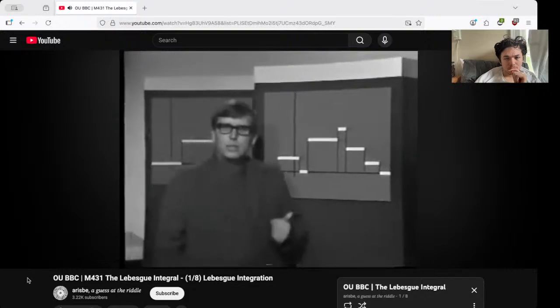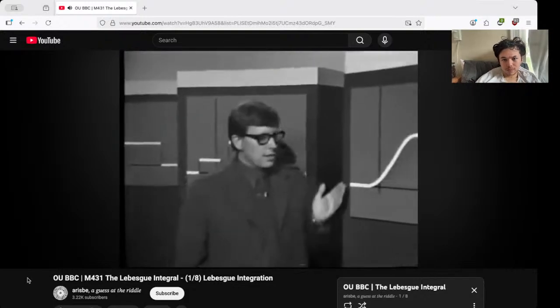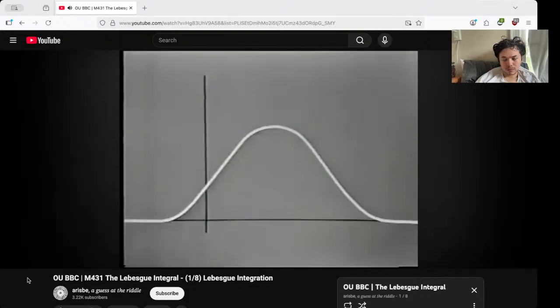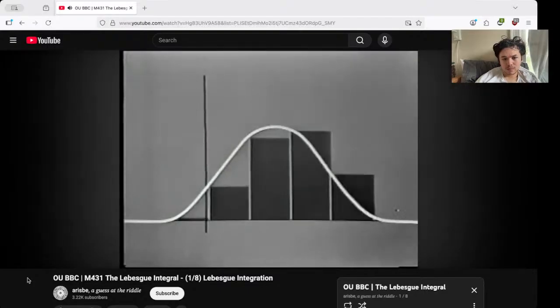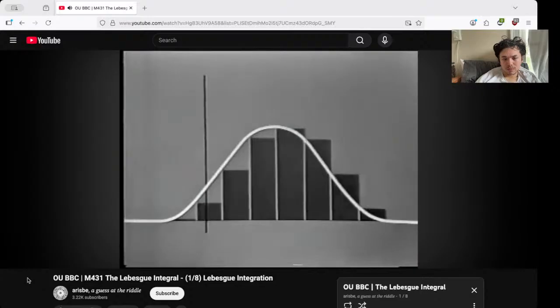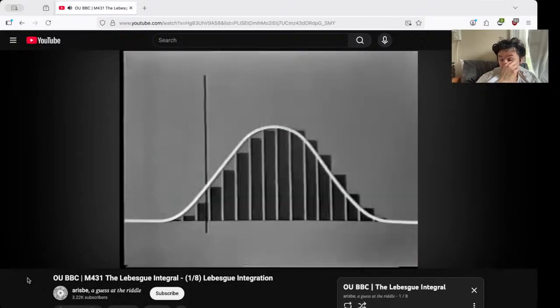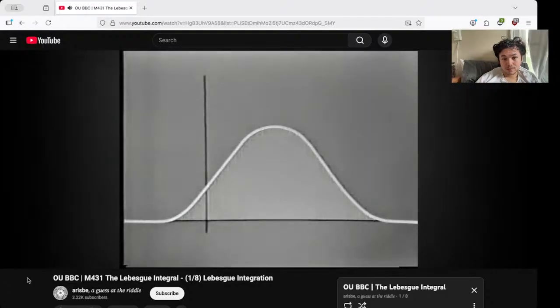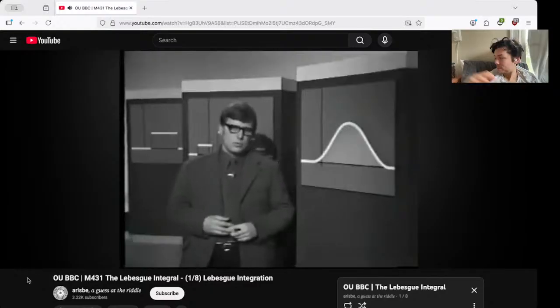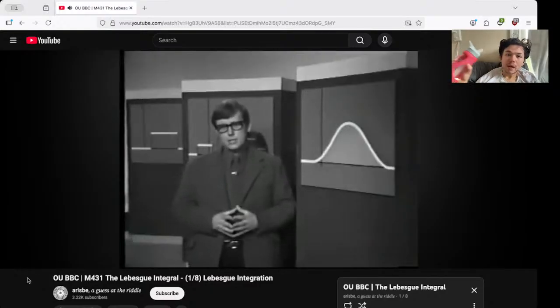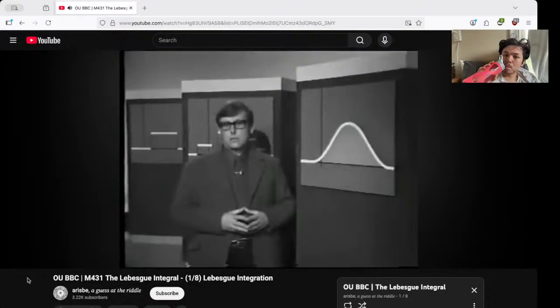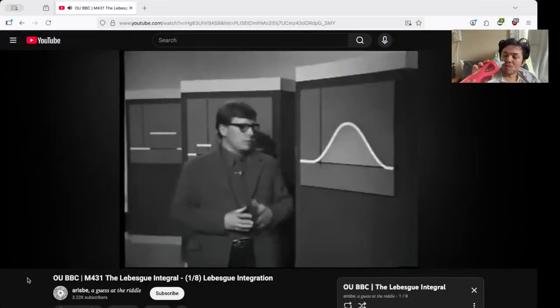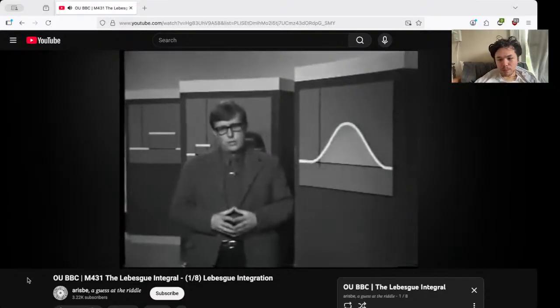That's all very well, but what do we do with a function like this? In M100, we saw that we could approximate its area by taking sums of rectangular areas. The limit of this process was the integral of the function. That approach was developed by Cauchy around 1820. It was fine as far as it went, because at that time, people only thought of things like this as functions.